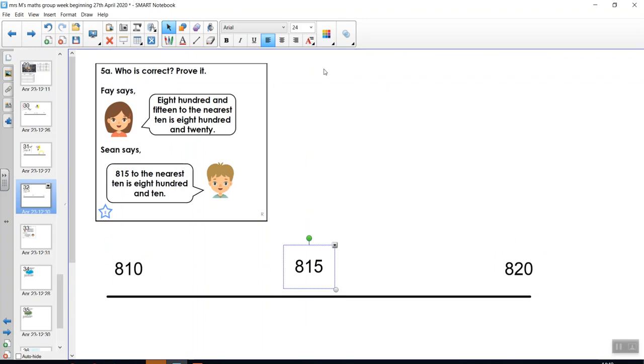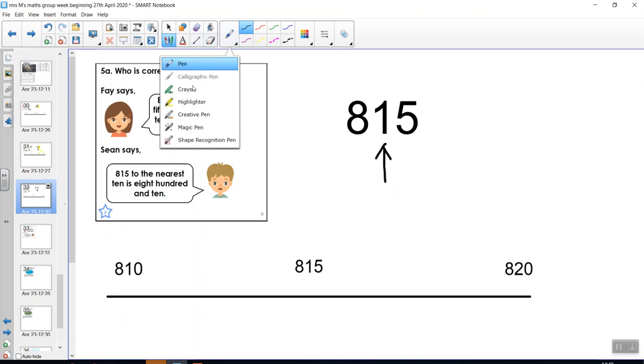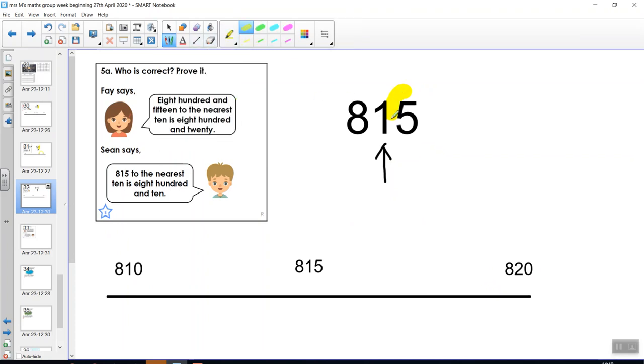So we need to think about the number 815. We know that it's the tens place that we're rounding to. So I'm either going to round down to 810, or I'm going to round up to 820. And it's the ones place that will help me work out whether I round down or whether I round up.